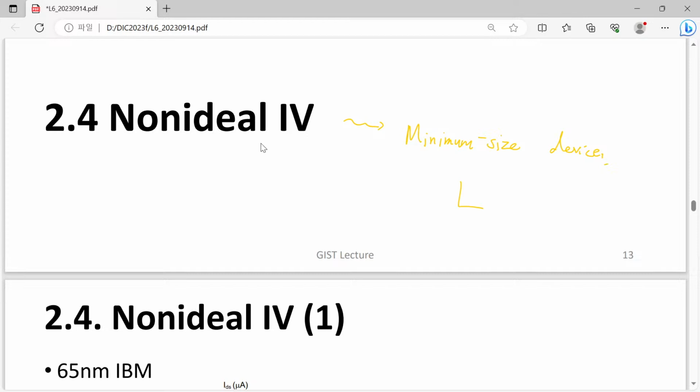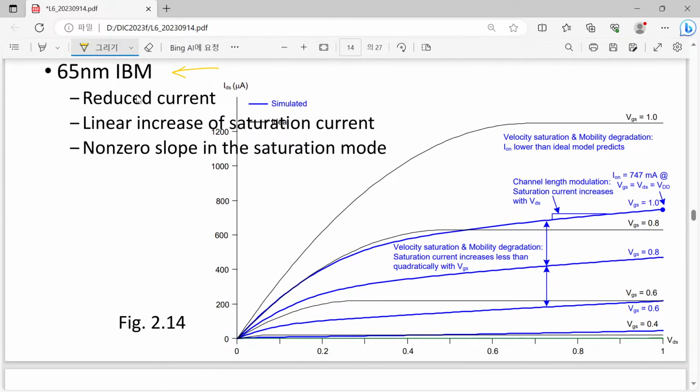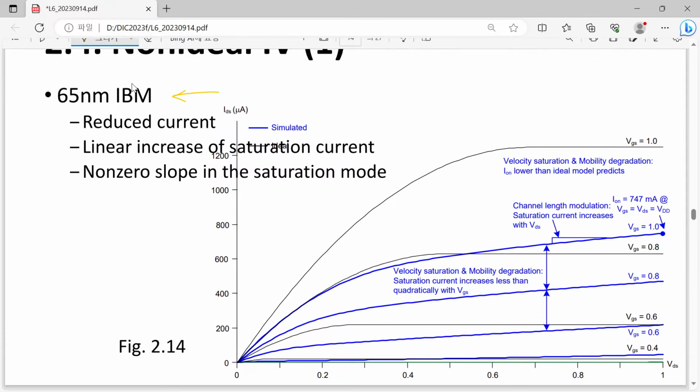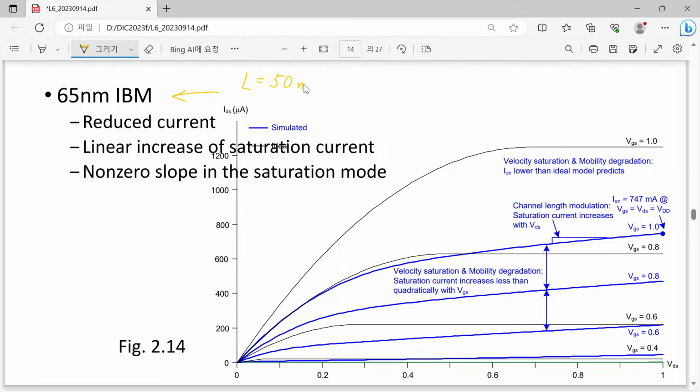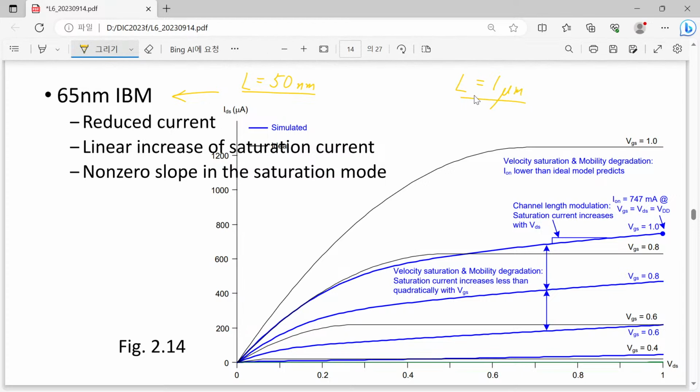For example, in the case of, let's say, 65 nanometer IBM technology. So this is also somewhat old, but anyway, in those days, the channel length was about 50 nanometer. I mean that the shortest available gate length was 50 nanometer. And let's say that you have a 1 micrometer device fabricated under the same technology.